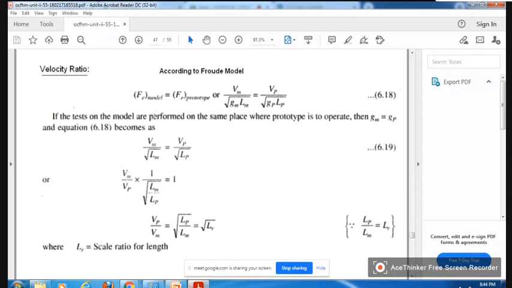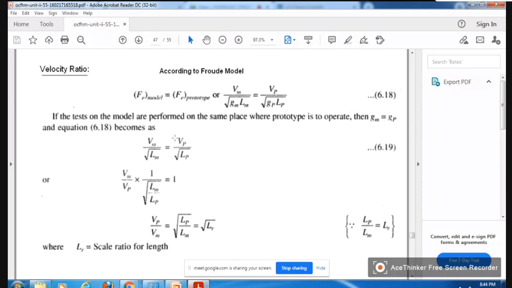If the test on the model is performed at the same place where the prototype is to operate, then both Gm and Gp are equal. The G on the prototype is equal to the G on the model. If you are conducting the same experiment at the same place, then G will be the same, and you can take away the G value.